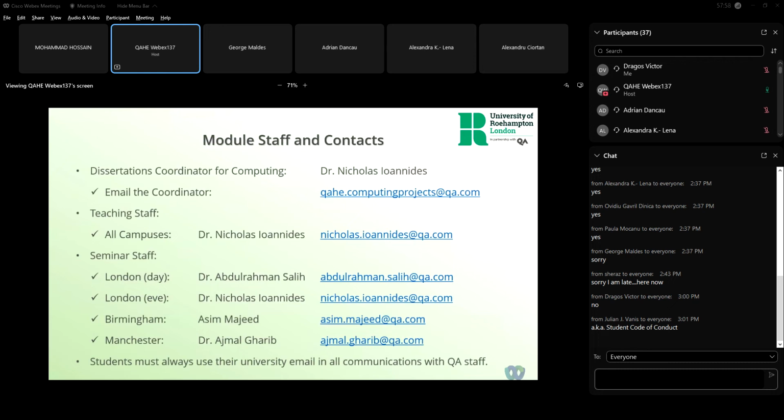Now, very, very importantly, when you communicate with us, you must use your Roehampton email address, not your personal email address, right? That is important because, due to cyber threats, the intrusion detection systems of QA are very tight.